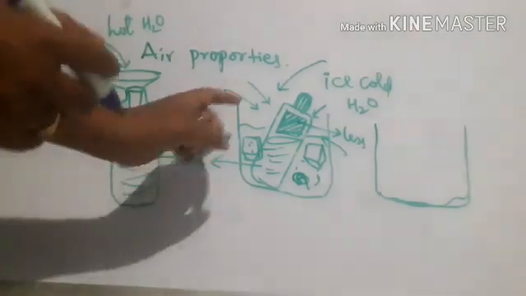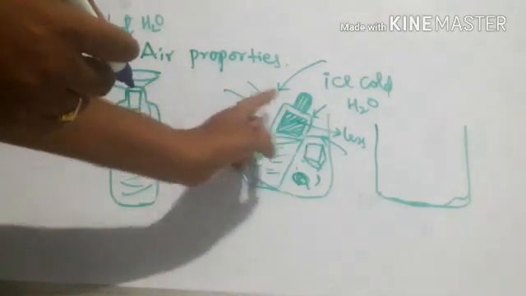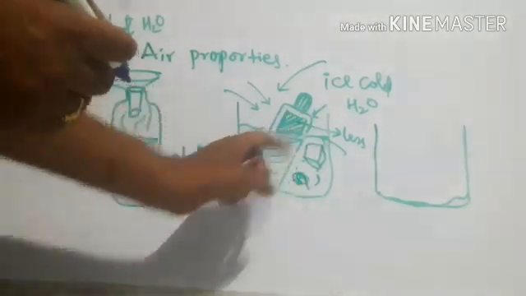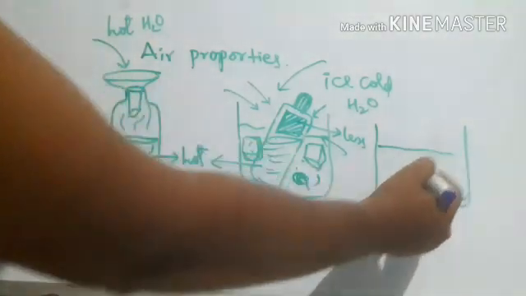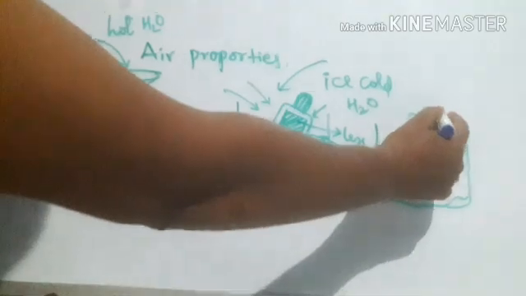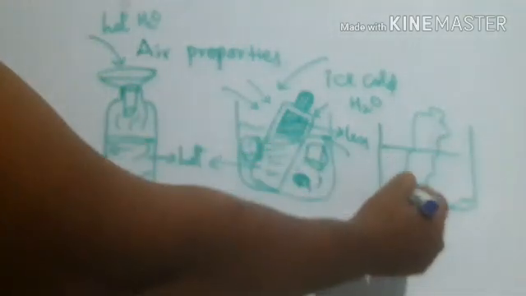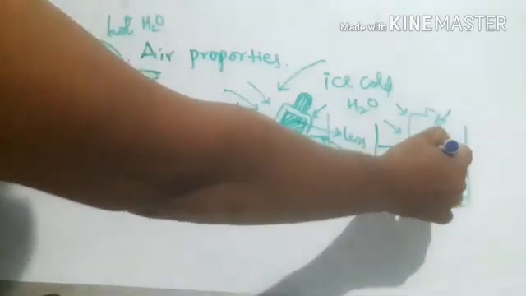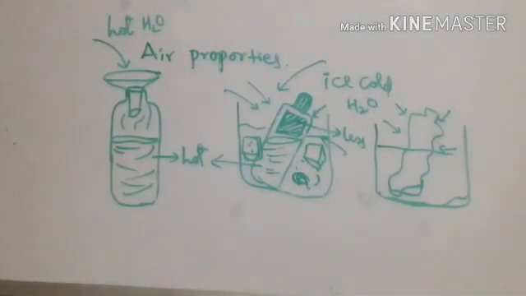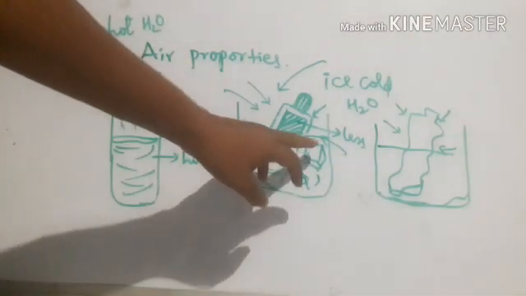Okay. So now the pressure applies on the bottle, and the shape of the bottle changes because of the applied pressure. Have you understood this?